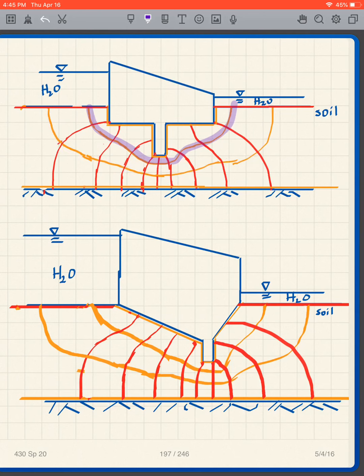In past semesters, I've made students draw their own flow nets at times. That usually takes place in the lab. I'll give you an assignment or something, but it's hard for me this semester to actually be able to make you draw your own flow net. But it's actually quite straightforward.